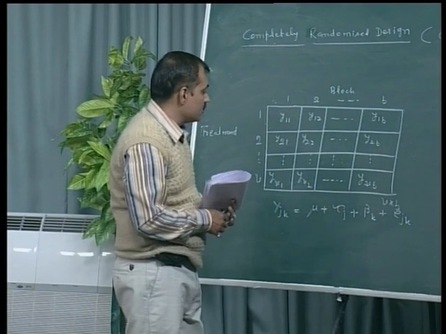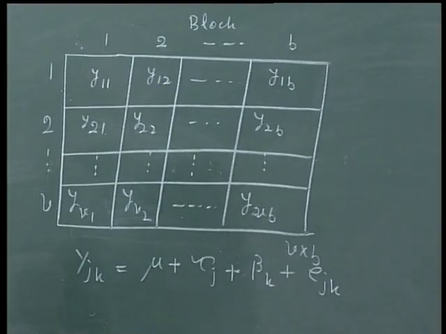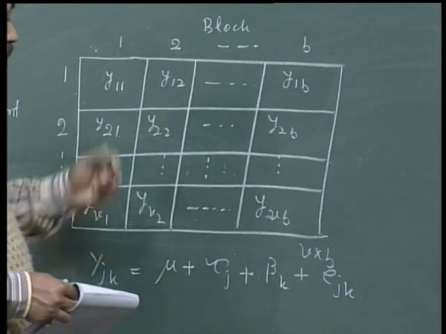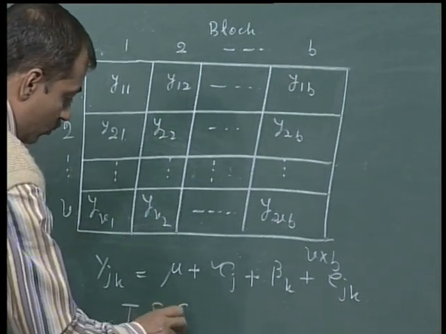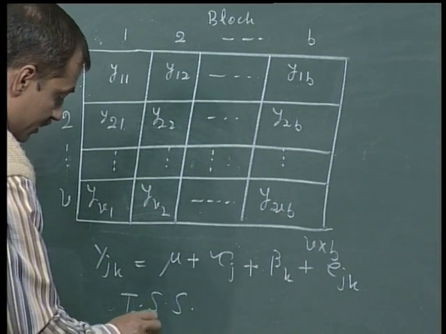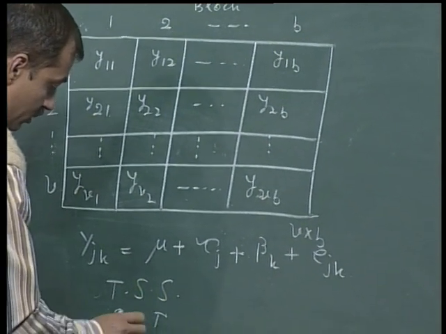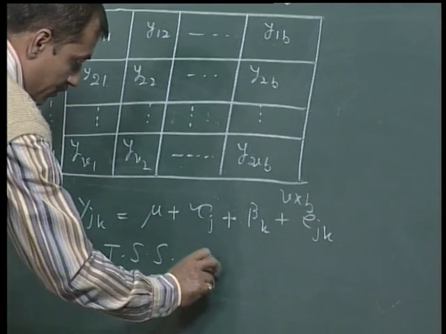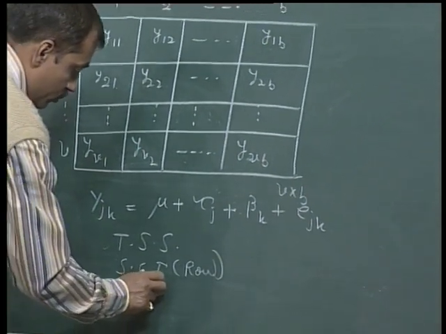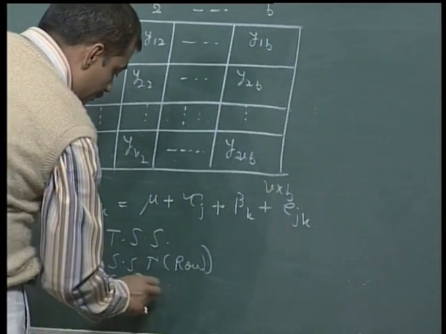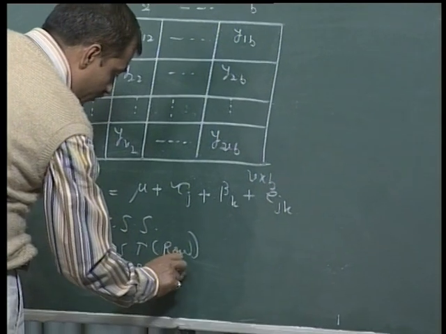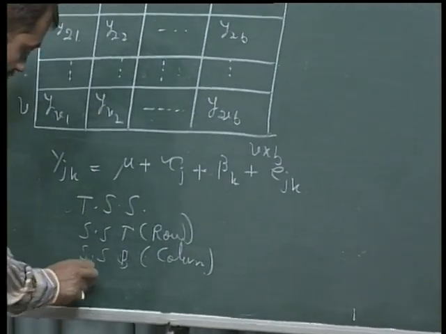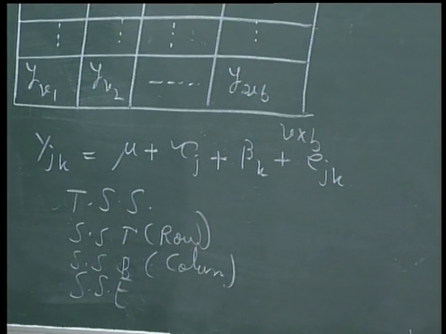By applying the analysis of variance for two-way classification, we find the ANOVA table by finding the total sum of squares, as we calculated for CRD, the sum of squares due to treatments, say rows, the sum of squares due to columns, or blocks, and SSE, the sum of squares due to errors.